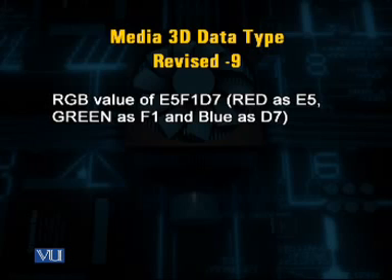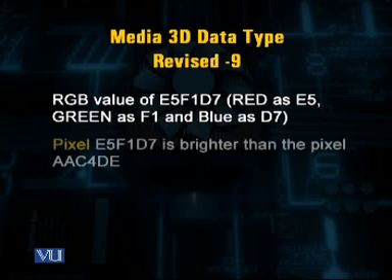Here the value of red is equal to E5 hexadecimal, green is F1 hexadecimal, and blue is D7 hexadecimal. Here please note that the RGB values show the brightness of the pixels. The higher the value, the brighter the pixel.